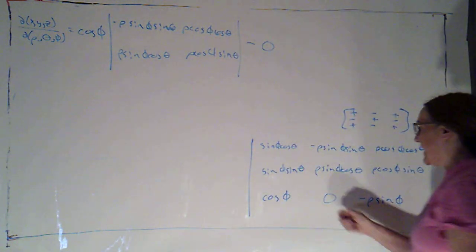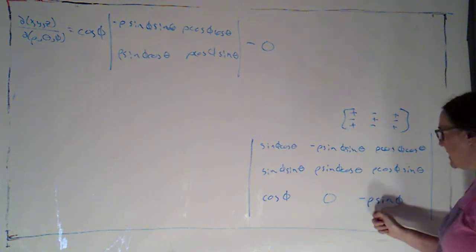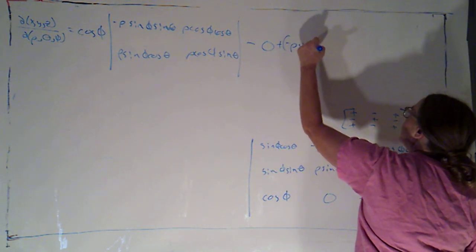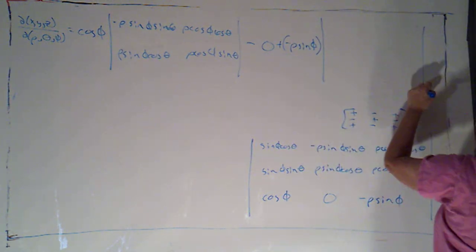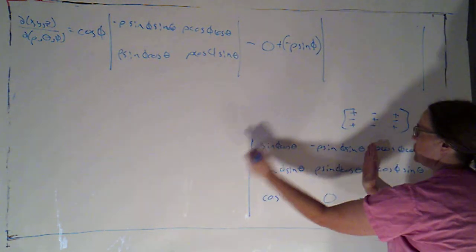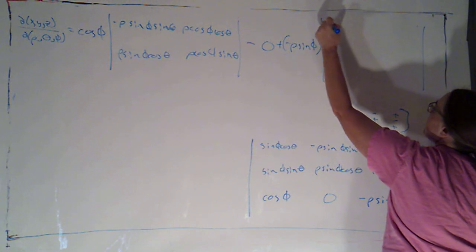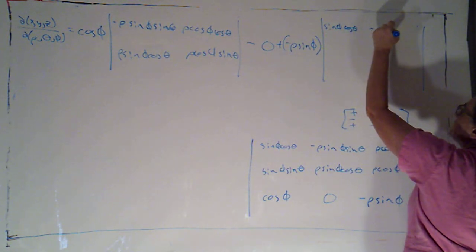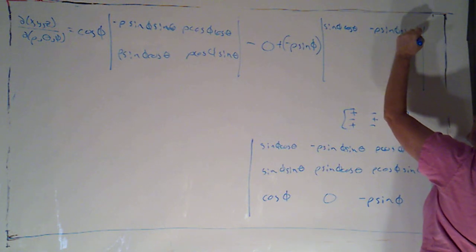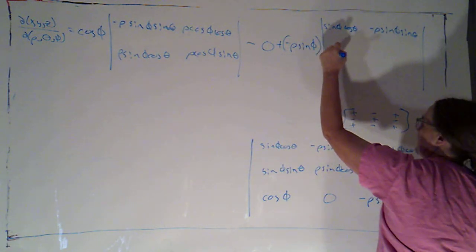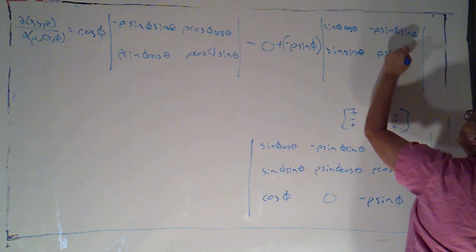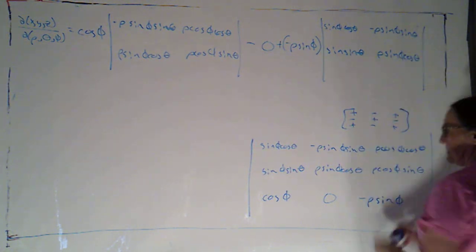Minus 0, I like that middle term, plus negative rho sine phi times the determinant of this 2 by 2 matrix. So that's sine phi cosine theta, negative rho sine phi sine theta, sine phi sine theta, rho sine phi cosine theta.